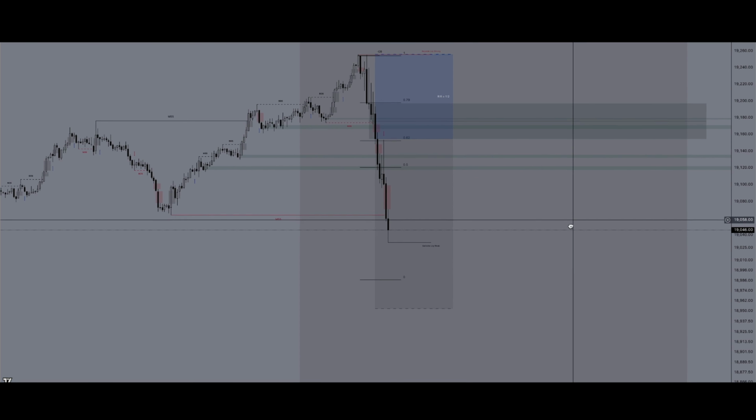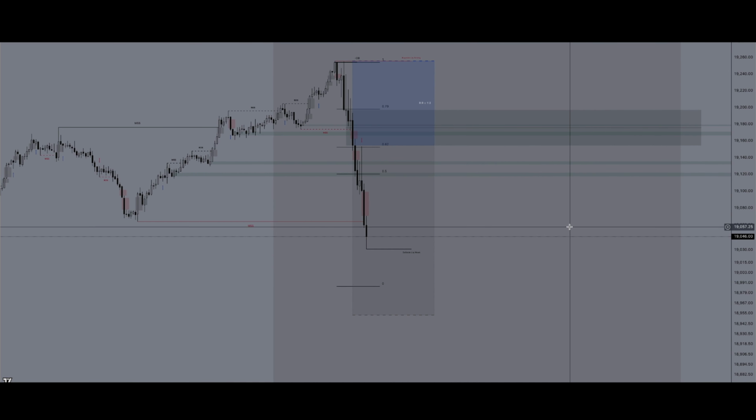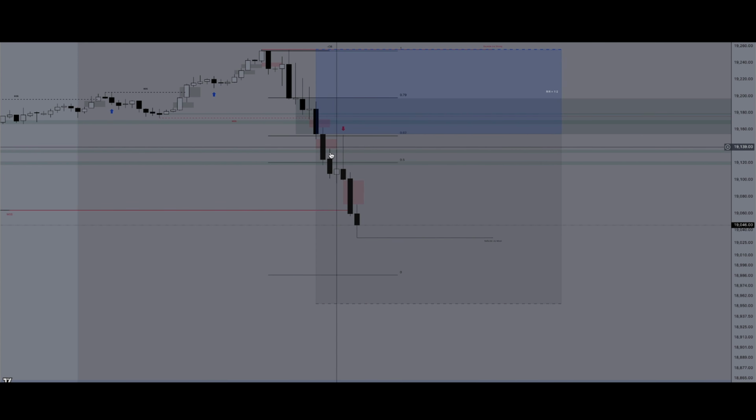That also being a very nice looking entry as well. As you can see, there's multiple breakers, multiple opportunities, along with the fib or the blessed indicator entries.